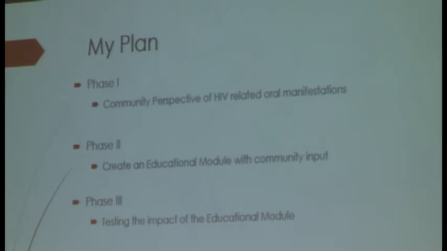And then with that information, I want to create some sort of educational module with the community's input where we could collaborate and figure out a way to address this together. And then phase 3 is the testing of whether or not this educational module is effective. And all of this is in an effort to improve dental compliance again.